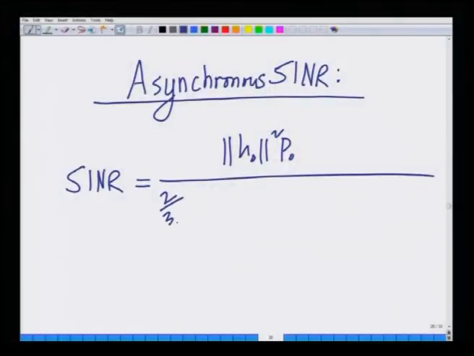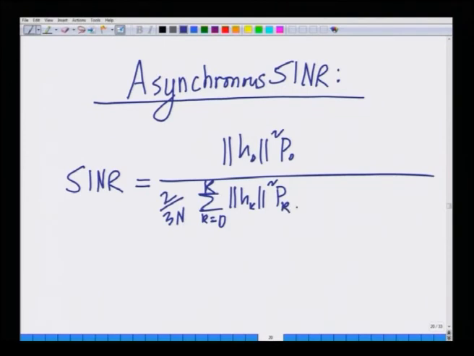So, this becomes 2 over 3n summation k equals 0 to K norm h k square p k.